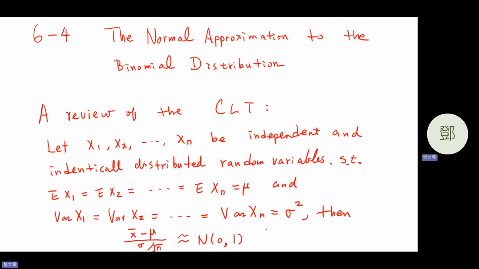Okay, that's what we learned last week, right? Where x bar equals the average of the n random variables. That's the central limit theorem, right?